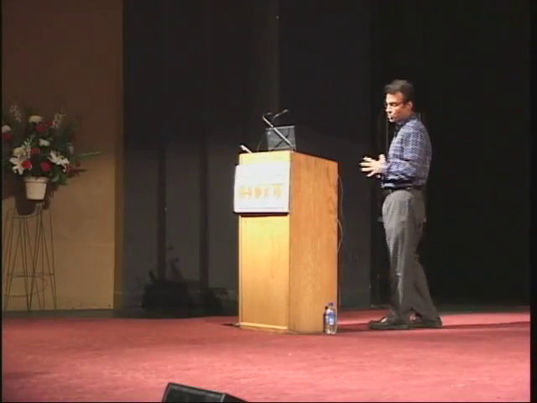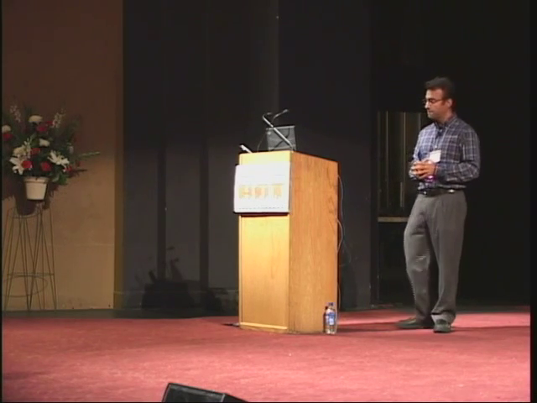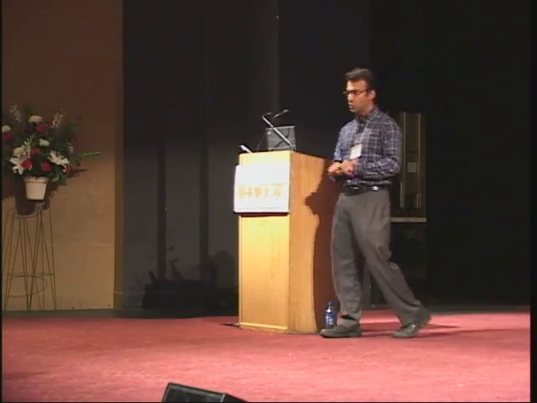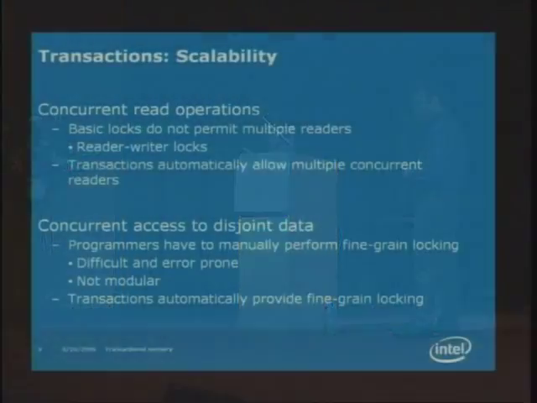Now, another way in which transactions provide scalability is by allowing two threads that access disjoint data elements to execute concurrently. In a multi-threaded program, in general, it's safe to allow two different threads to update two different locations concurrently, if those locations don't conflict, if they're not the same location.